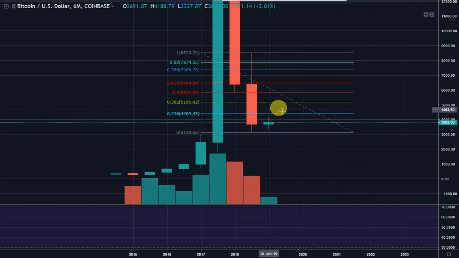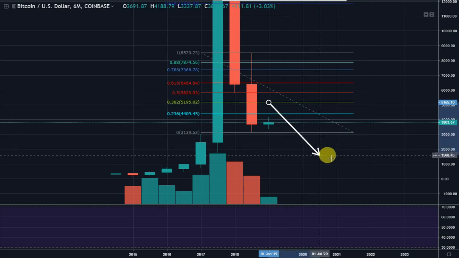Now, there is the possibility that we get up to this next level, which is the 5,200 level. That is a possibility. Even if we get to the 5,200 level, that's still considered a weak move in a bear market, and price will still go to new lows.